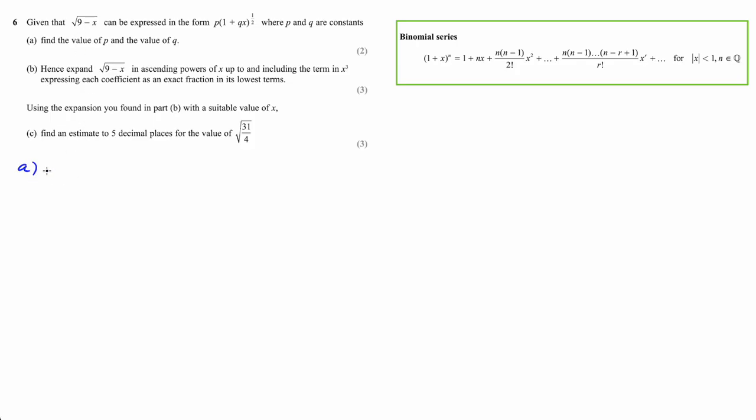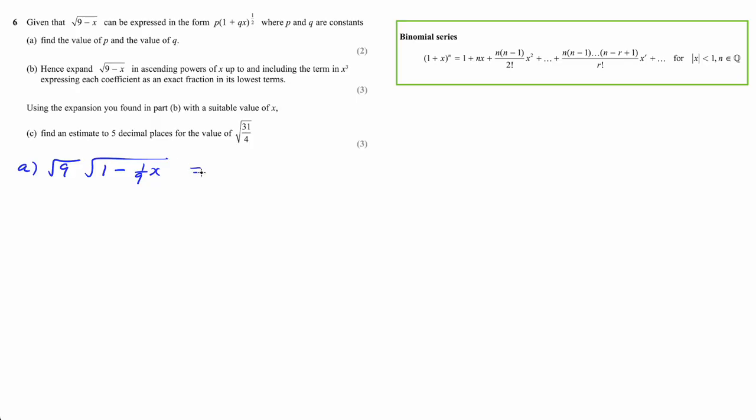So it's like root 9 times root 1 minus, now if I've divided this by 9, I've divided this by 9. So it's like x over 9 or a 9th x.